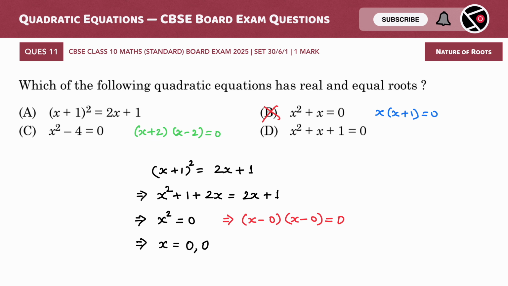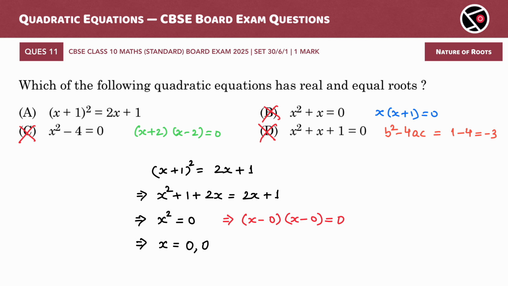Again, two different roots, not correct. Option D. Here b square minus 4ac is 1 minus 4 or minus 3. The discriminant is negative, so there are no real roots. We drop D. The correct answer is option A.